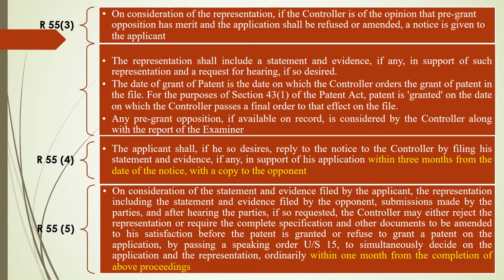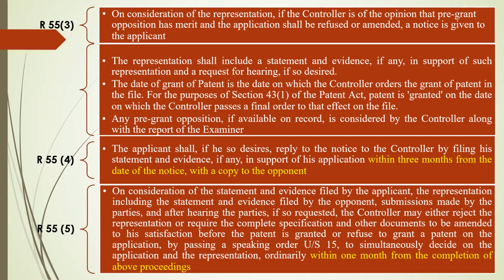The representation shall include statement and evidence in support of such representation and request for hearing, if hearing is desired. The date of grant of patent is the date on which the controller orders the grant of patent in the file. Any pre-grant opposition, if available on record, is considered by the controller along with the report of the examiner.